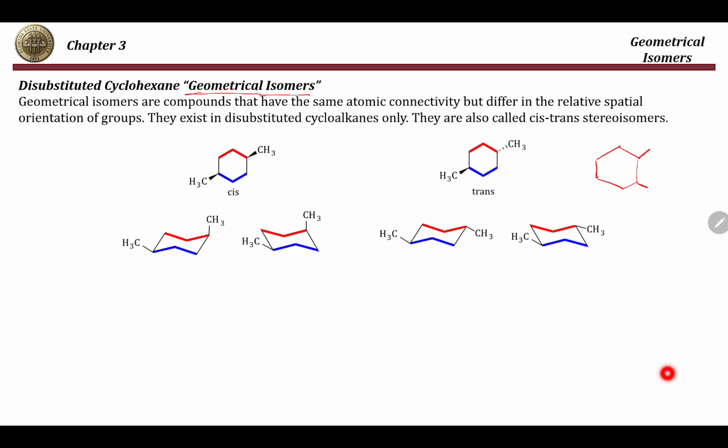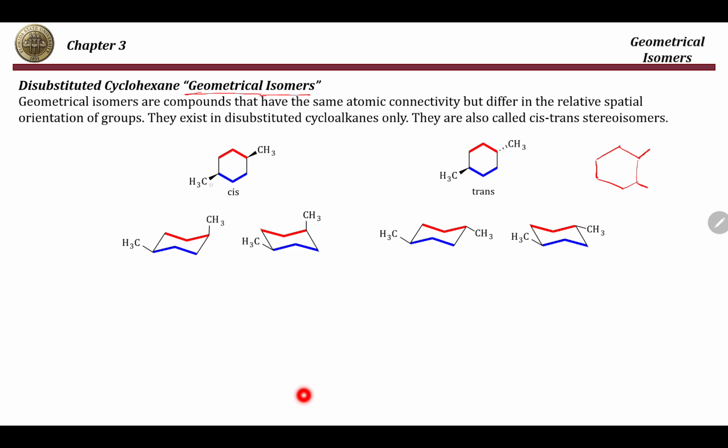If the cycloalkane has one branch, no. If the cycloalkane has 3 branches, no. So we can only talk about geometrical isomers in case of cycloalkanes if we have 2 branches or 2 substituents.